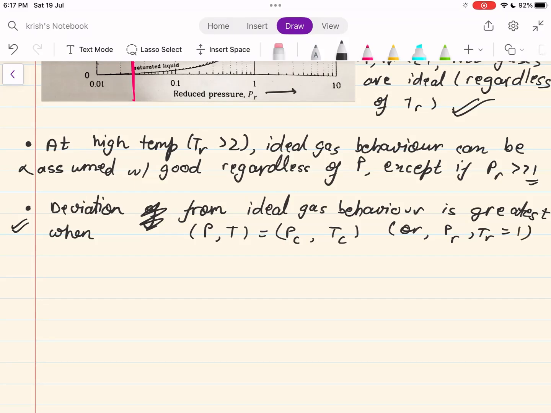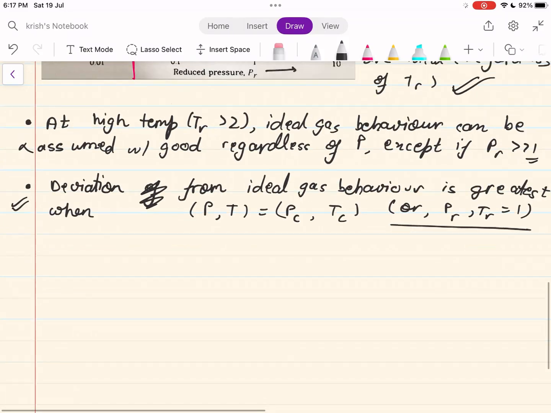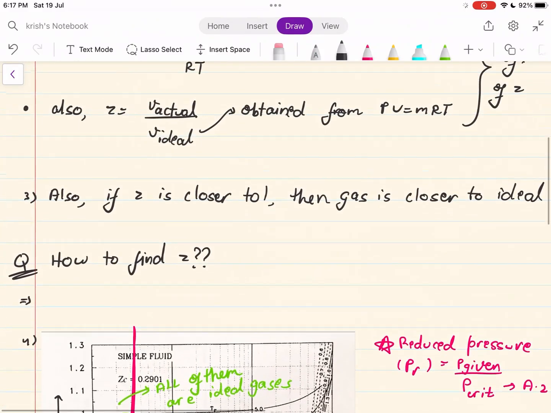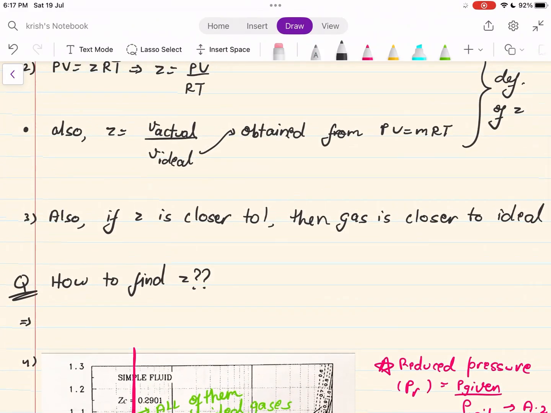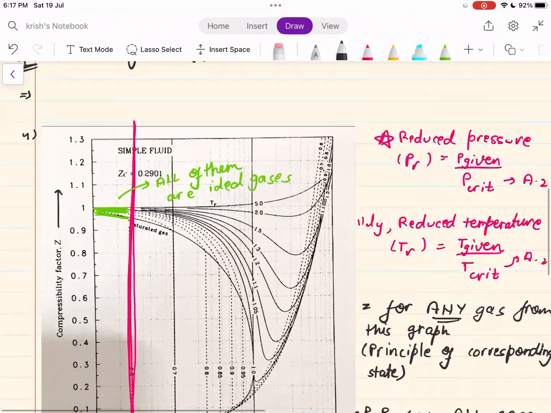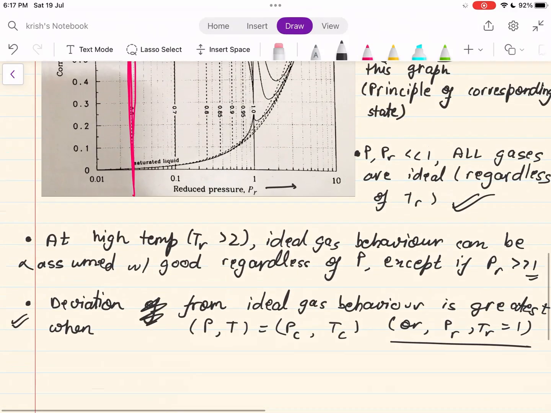They are both equal to 1. Right. So having learnt all this, in the next lecture, what we will do is we will solve one or two questions using this table, and we will also take a look at some of the equations of state.